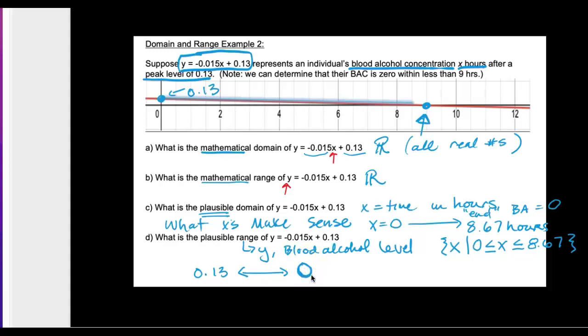It doesn't make sense to have a negative blood alcohol level. So the range is going to be all values of y such that y is greater than or equal to 0.13 and it's less than or equal to 0. So that's how you would write the range using set builder notation.